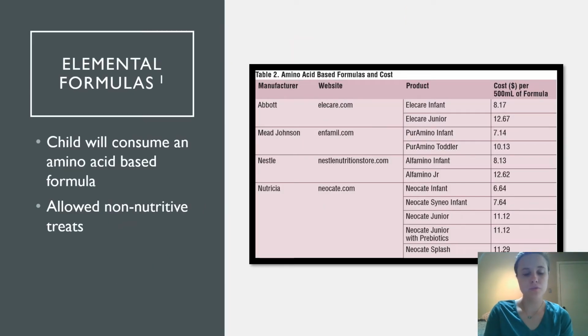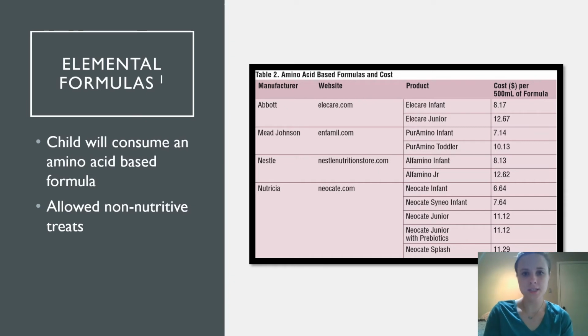And so elemental formulas are going to be amino acid-based formulas. And so amino acids are the basic building block of protein. And the reason these formulas are safe for your child is because these small amino acids are not going to cause the allergic reaction as protein would in food.